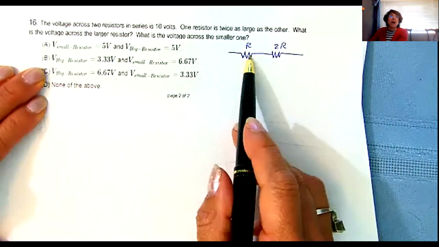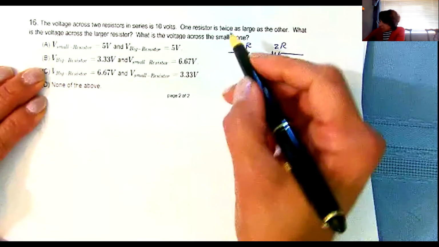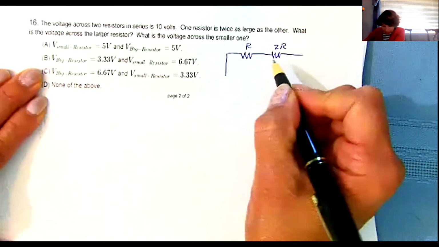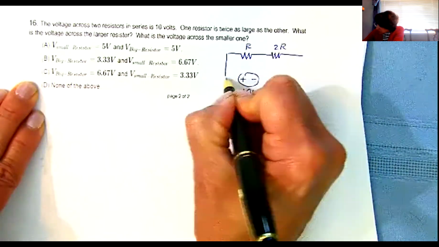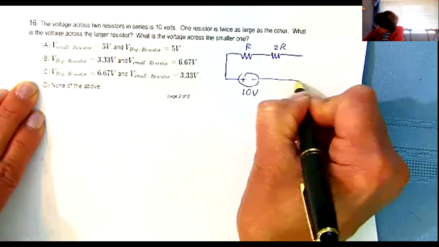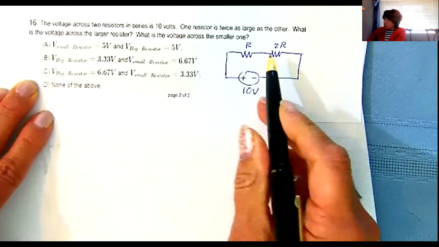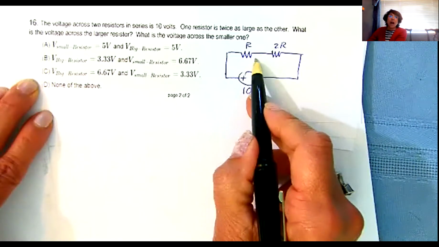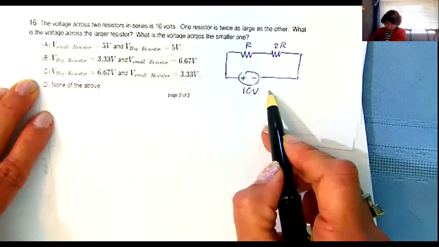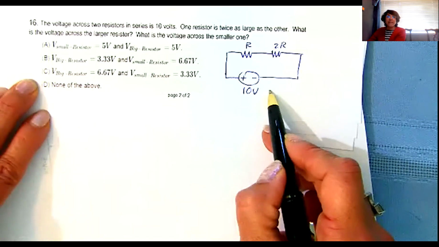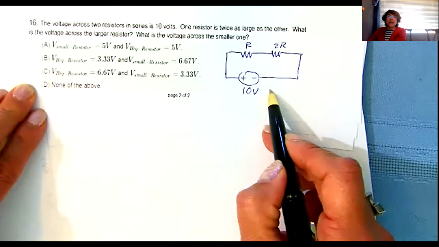And then when they are combined, the voltage across both of them is 10 volts. The voltage across R plus the voltage across 2R equals 10 volts. Everybody good with that?